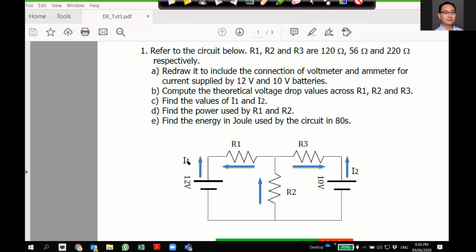Okay. So what you want to do in solving this question is to form the current loop here. Based on the solution that you have, you can see that what Mr. Chan did was he said that this current is called I3.